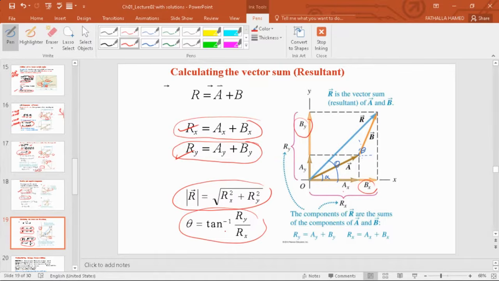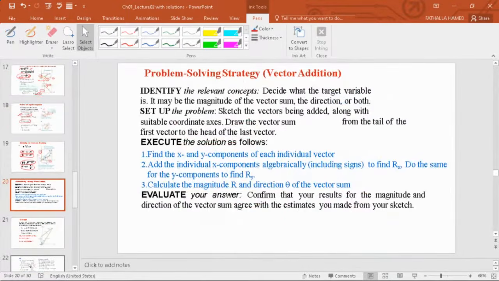You do not have to use the time-consuming graphical method or trigonometry where you have to break things in triangles and then start adding things. Now you can just rely on using this method. So what you have to do, as we said, the first thing that you're going to do is to identify your vectors, set up the problems.